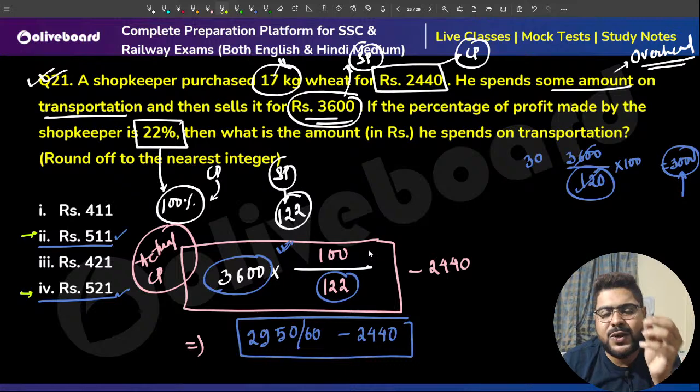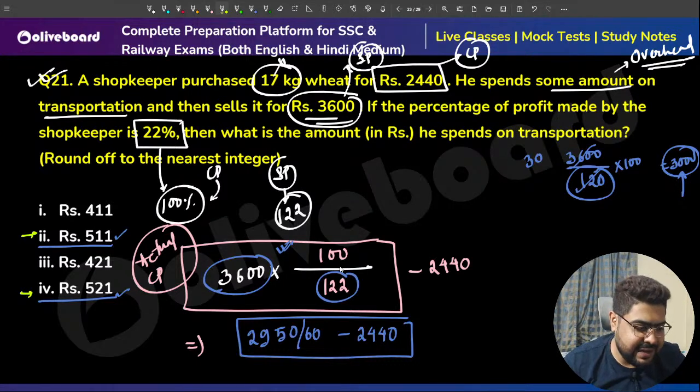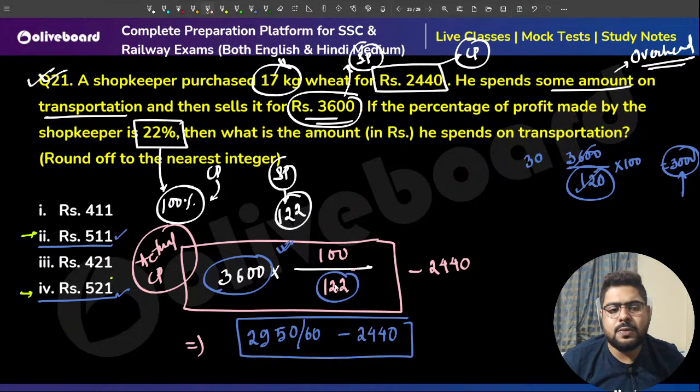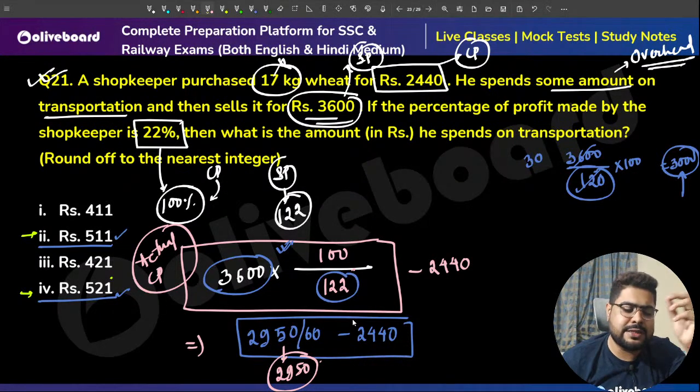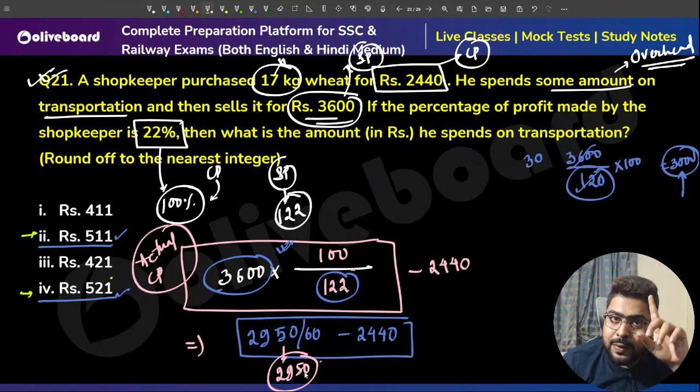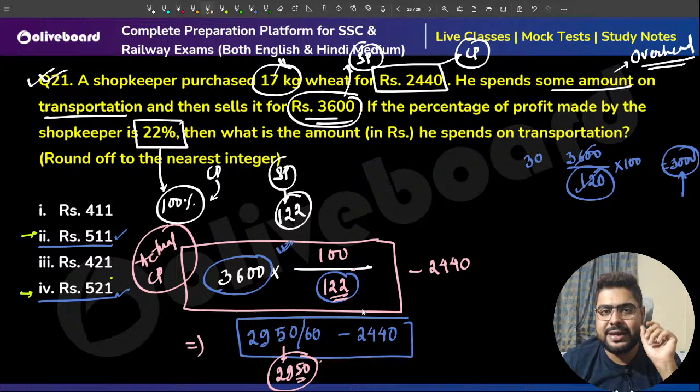For that, you need to do a little bit of calculation. 3600 by 122, 2950 point something, very close, because 5 into 22 gives you these hundreds.